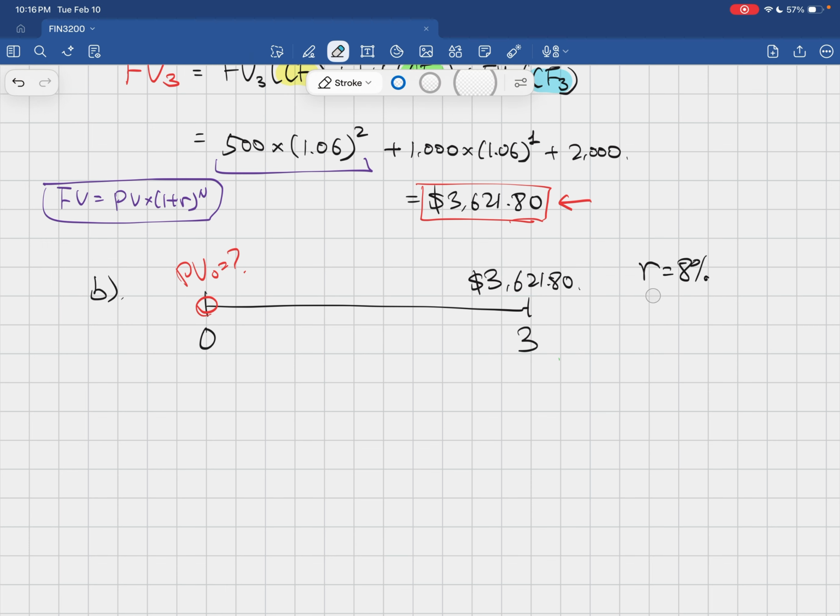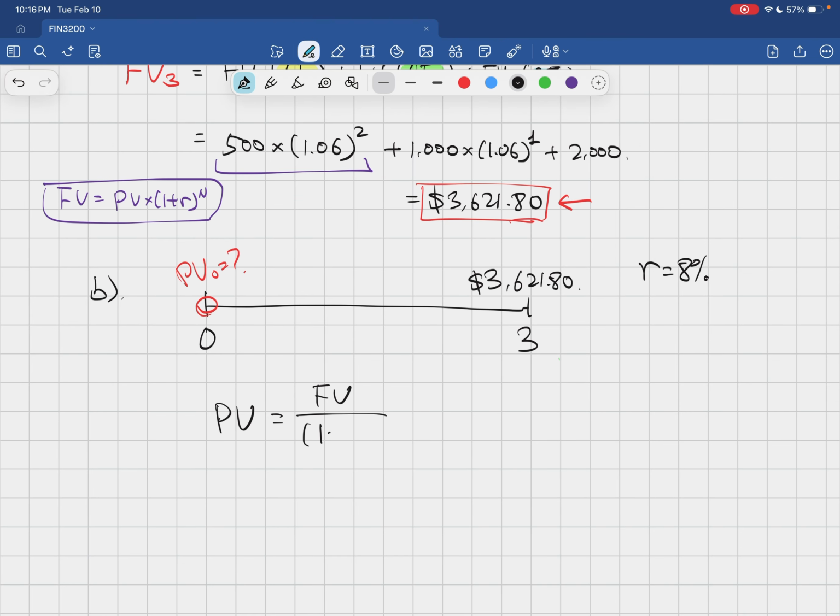Okay? So we're going to use the PV formula. PV equals future value divided by 1 plus R to the nth power. The future value is 3621.80, divided by 1.08 raised to the third power.